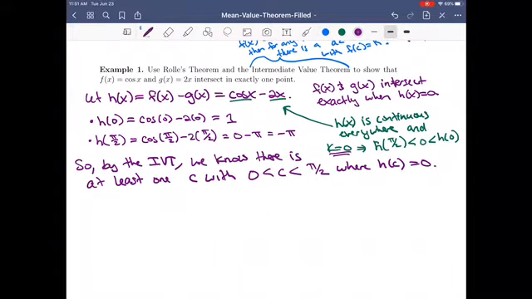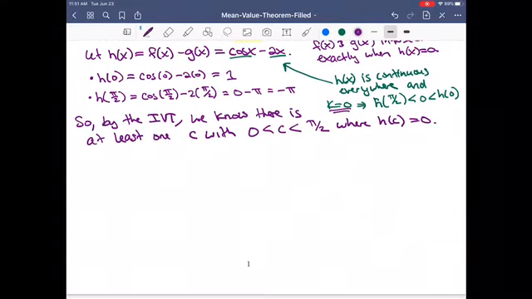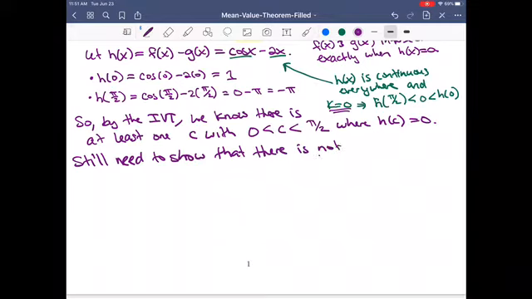So this gives us at least one solution, but we actually wanted exactly one solution. So I want to show that there is not more than one solution. We know there's one, and it happens to be between 0 and pi by 2. We still need to show that there's only one, so that there is not more than one.